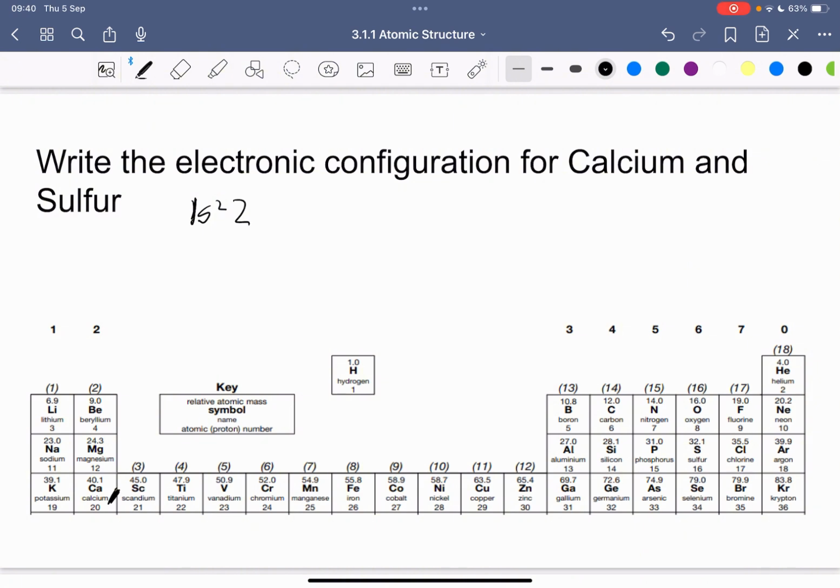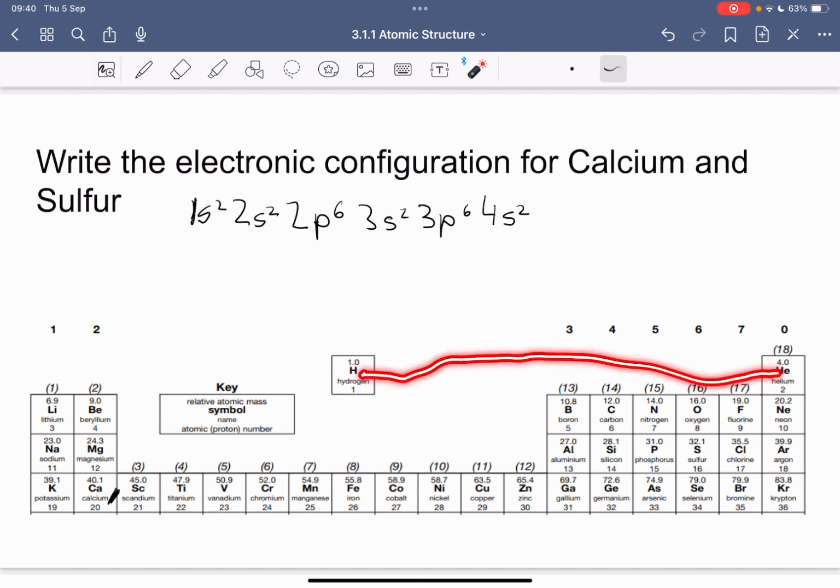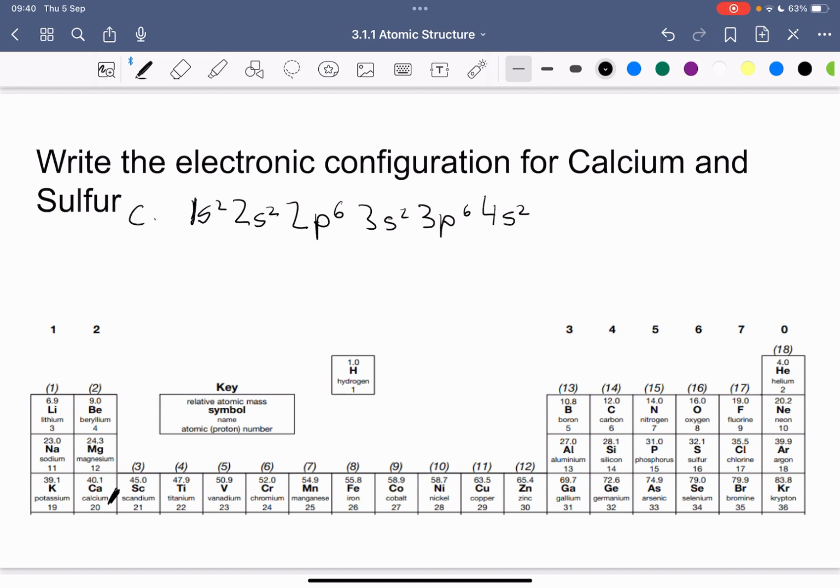Then 2s2, 2p6, 3s2, 3p6, 4s2. If you didn't realize, that's because I went through 1s2, 2s2, 2p6, 3s2, 3p6, and then stop at 4s2. So that's calcium.